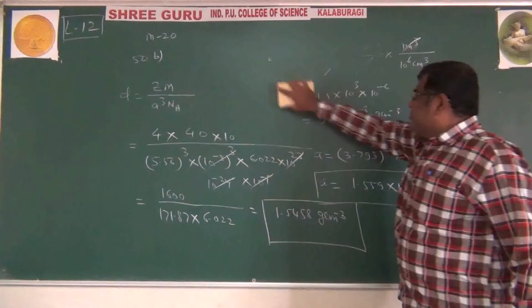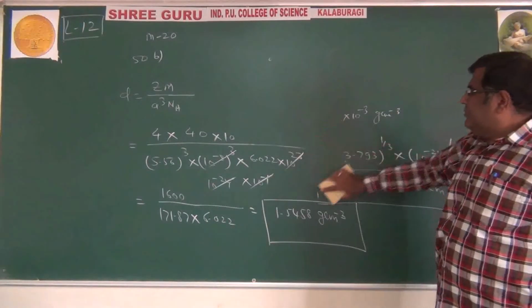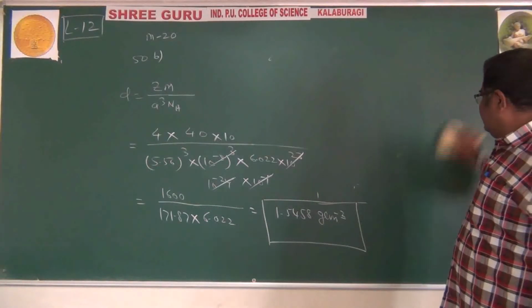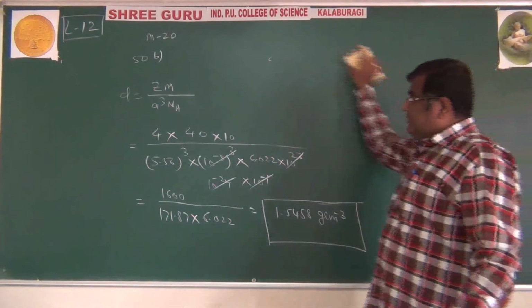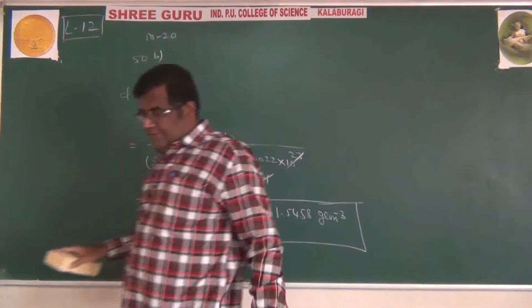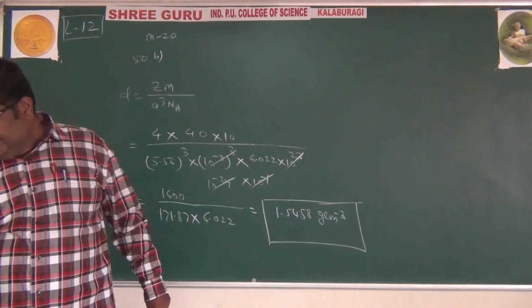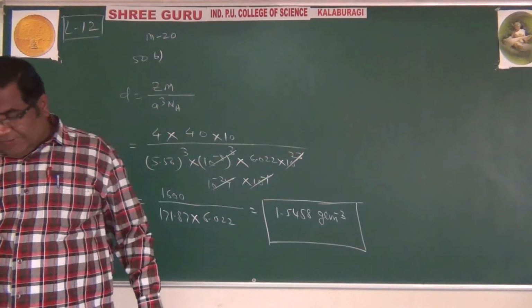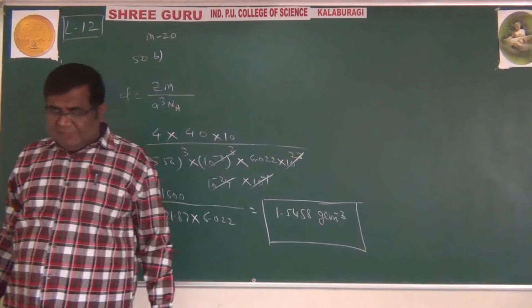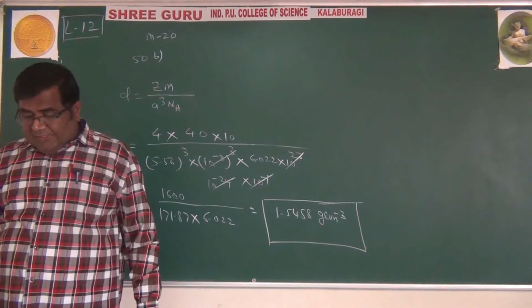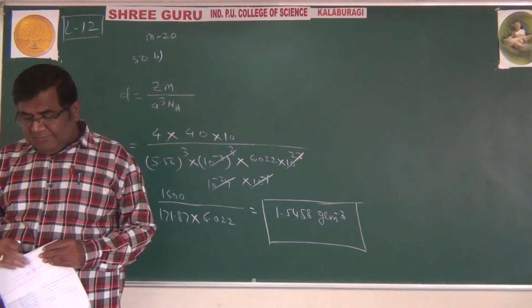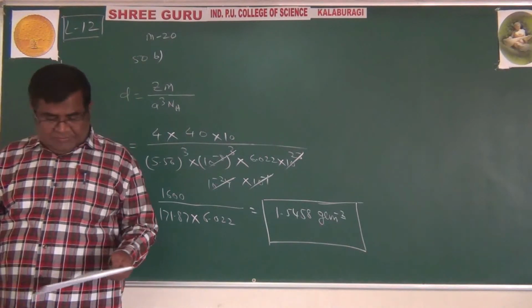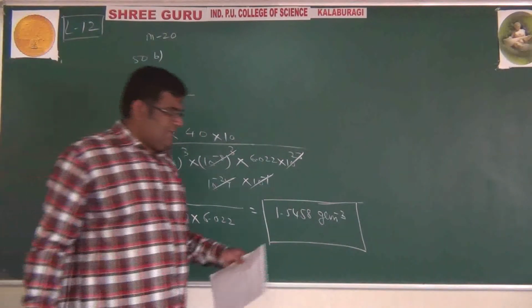There is one last question, which is July 20, the most recent examination. June 20 is written here, but it was also delayed. Related with that, doesn't matter. Silver crystallizes in FCC, edge length is given, density is also given. You have to calculate the atomic mass.